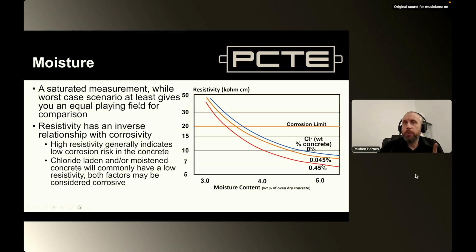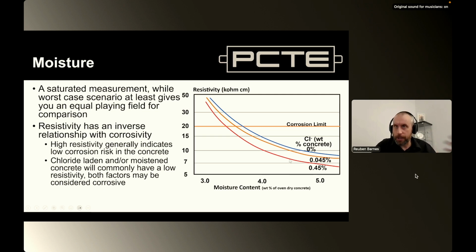However, what we need to understand there is that if it's saturated, that's going to be our worst case scenario. Okay, it's going to be our lowest resistivity. However, it does allow us to measure between one point and another point. And that brings us to the next point, that if we can get moisture content out of the way, this graph indicates to us that resistivity gives us a very good understanding of whether we've got chloride-laden concrete or not.